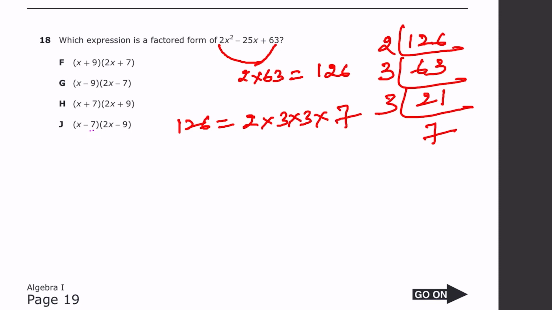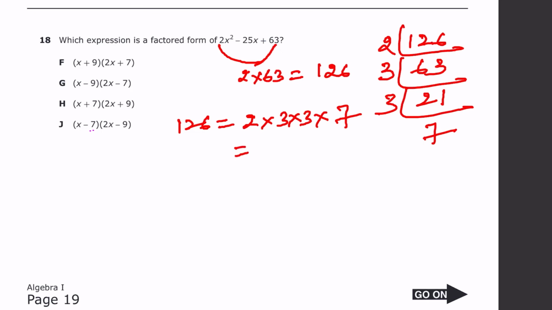Now you have to find values in such a way that if you add two of them, it should give you 25. So in order to get 25, which two values can we take? We have to check. 3 3s are 9, 9 2s are 18, and 18 plus 7 is 25.